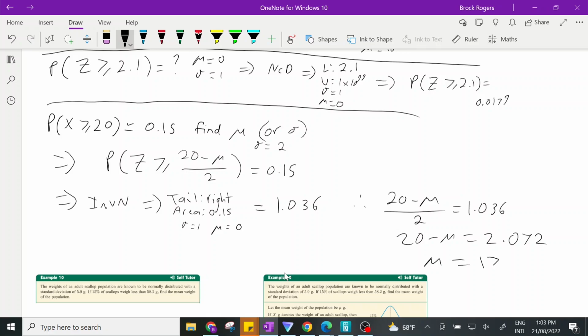So that becomes 17.93. So that's how you find the mean or the standard deviation from the calculator using the probability, x values, and stuff like that.